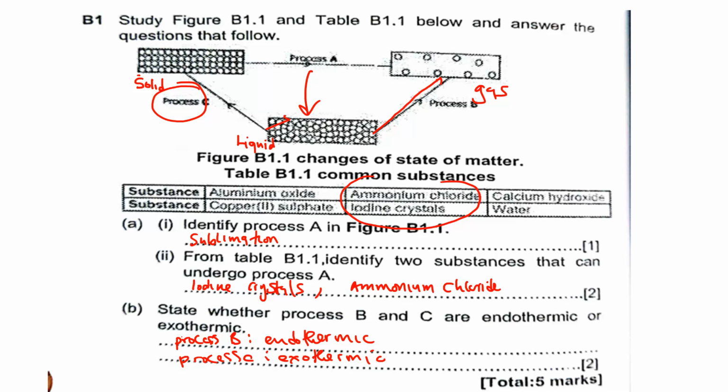But of course, also maybe you can look at in terms of shape. Solid have fixed shape, liquid take the shape of the container, and gas, they do not have a shape at all.